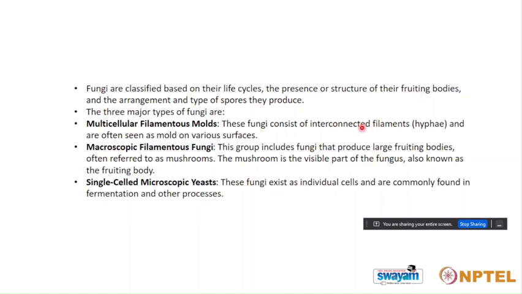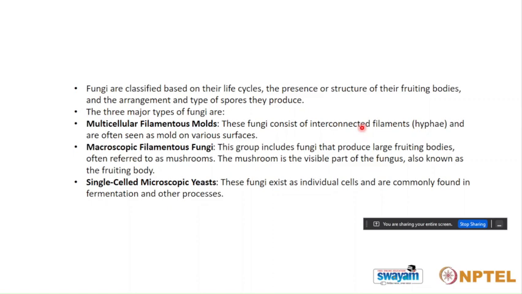If a fungus has interconnected filaments, it can be called a mold, especially a multicellular filamentous mold. We can see these kinds of fungi in rotten bread and other rotten food. So the filamentous fungi are termed filamentous molds. Basically they are called molds.